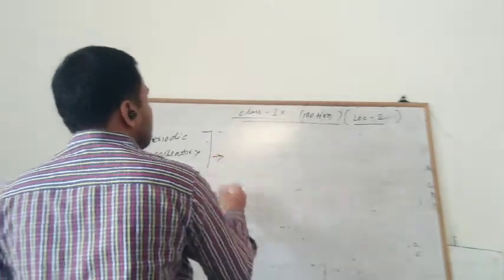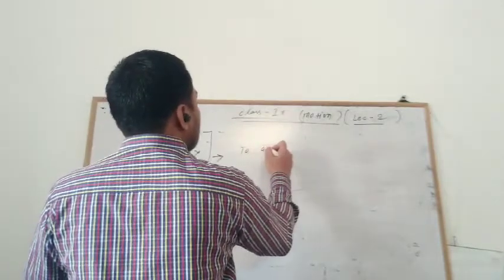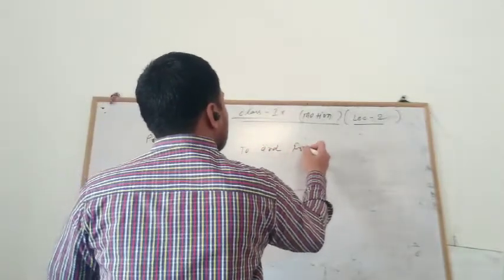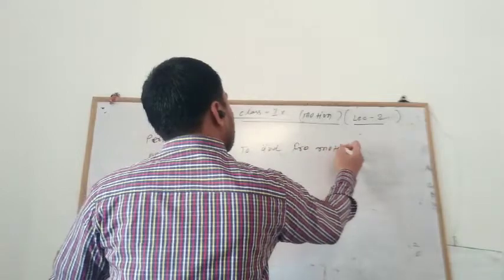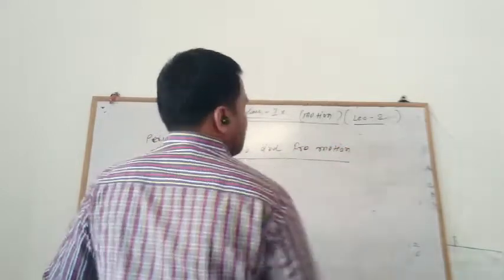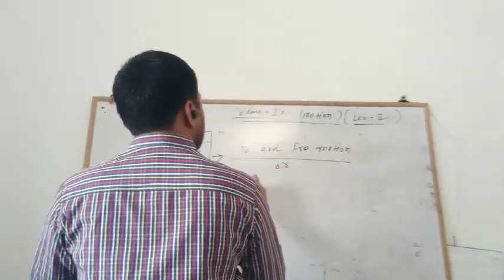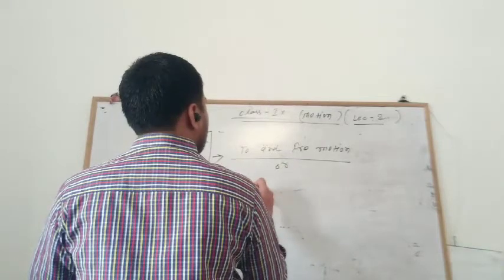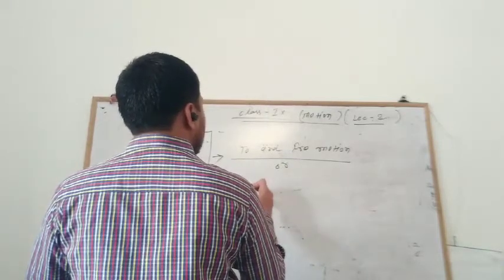These three types of motions are defined as to and fro motion, or back and forth motion.